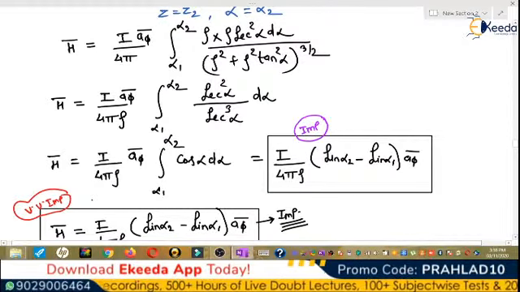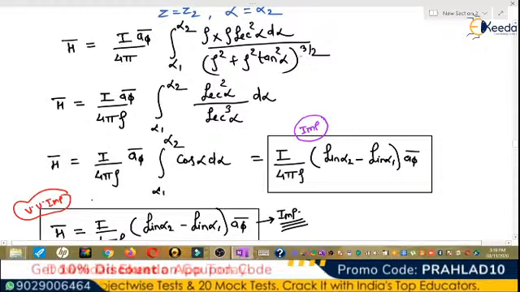So it is I by 4 pi a phi, integral from alpha 1 to alpha 2, rho into rho sec square alpha d alpha upon rho square plus rho square tan square alpha to the power of 3 by 2. So I by 4 pi rho a phi, integral alpha 1 to alpha 2 of sec square alpha by sec cube alpha.